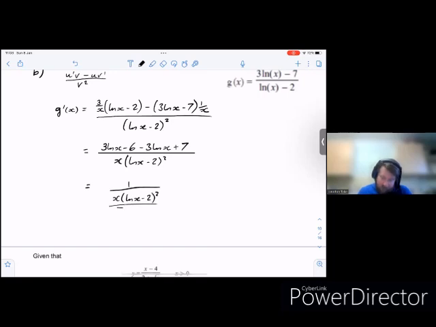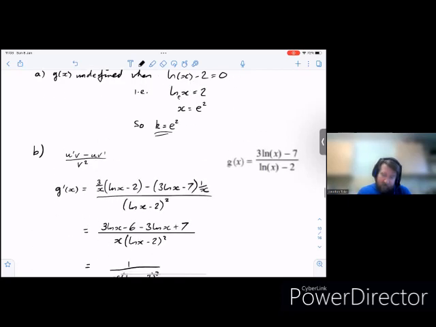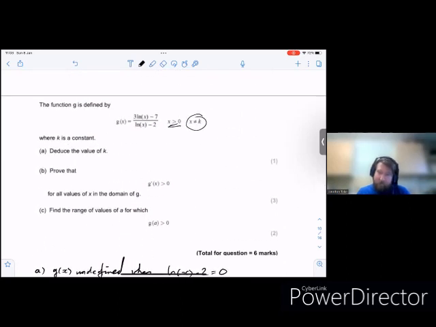So that's our expression for g dash of x, but we need to show that g dash of x is positive. Well, this must be positive, since x is greater than 0 by definition. If we look at the original equation, x is limited to being positive.